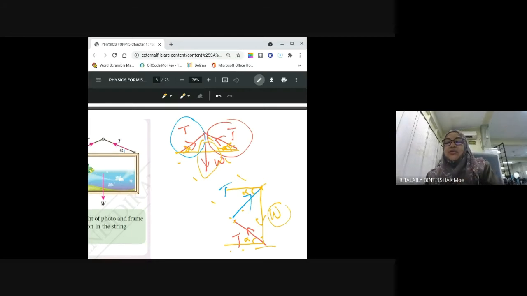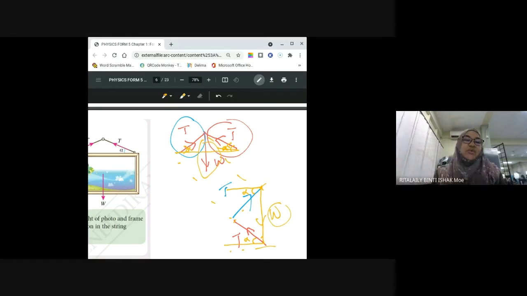Or if you don't want to use a drawing, you can calculate. Tapi kalau question kata draw, then you calculate, you won't get marks because you are not following the instruction of the question. Okay, question boleh minta apa-apa pun. Dia boleh minta you draw, dia just kata what is the value of W, then you can use any method you like.